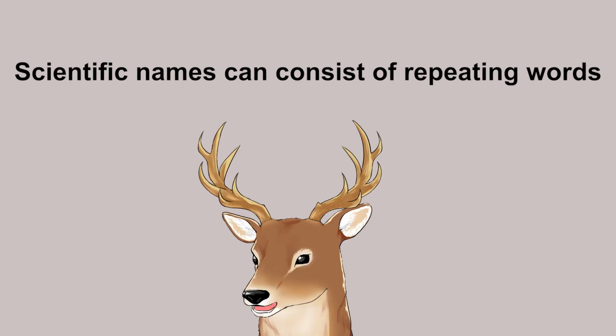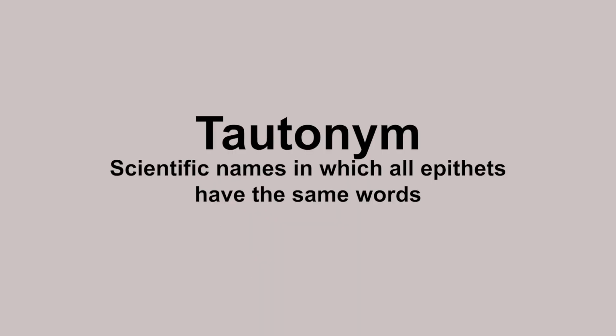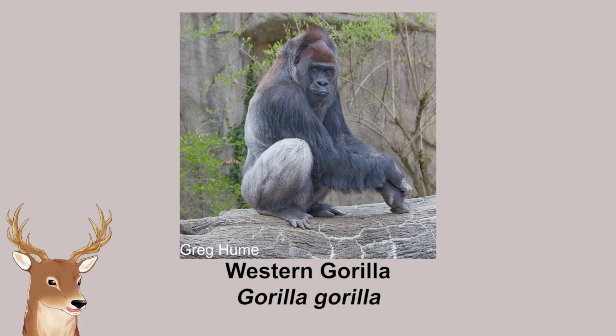Names could also just be a repetition of the same word, also known as a tautonym, since it's still technically not the same name. For example, the western gorilla is in the genus Gorilla. The species name is Gorilla gorilla. This is legal since, technically, those are two different names.